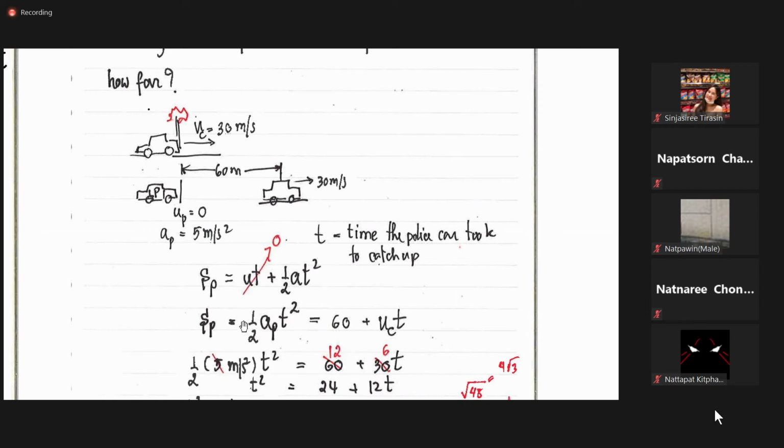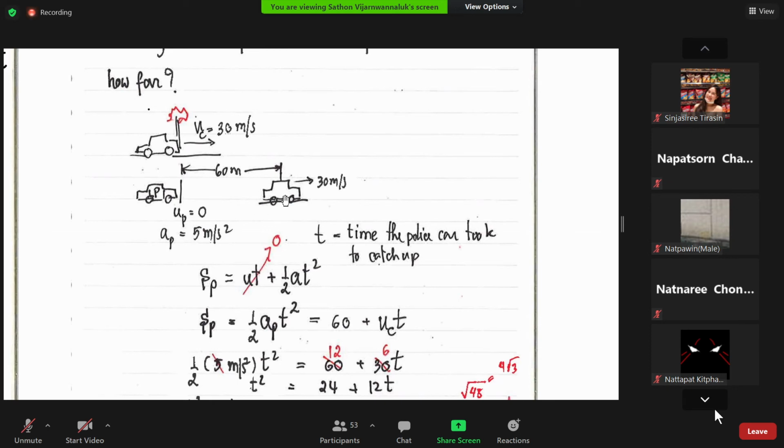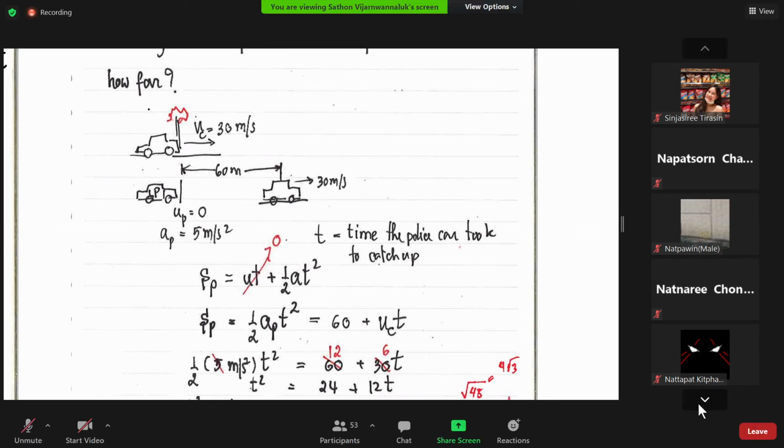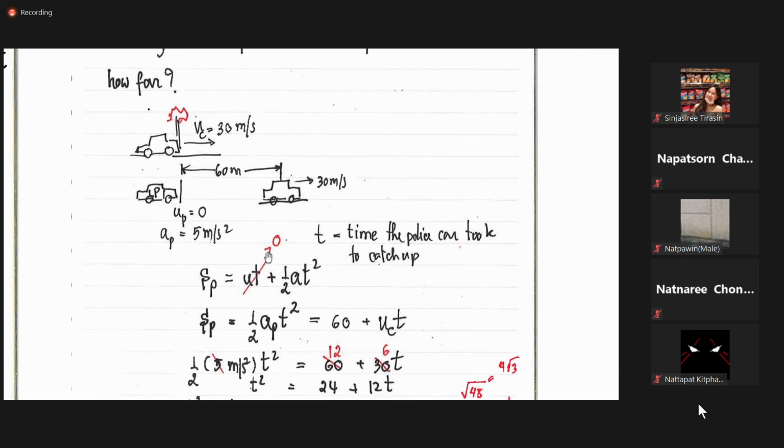And that is equal to the distance that the car has moved further from 60 meters. At that point, the car is already 60 meters ahead, and when t is the time that has passed, it is also moving with its own velocity times t.